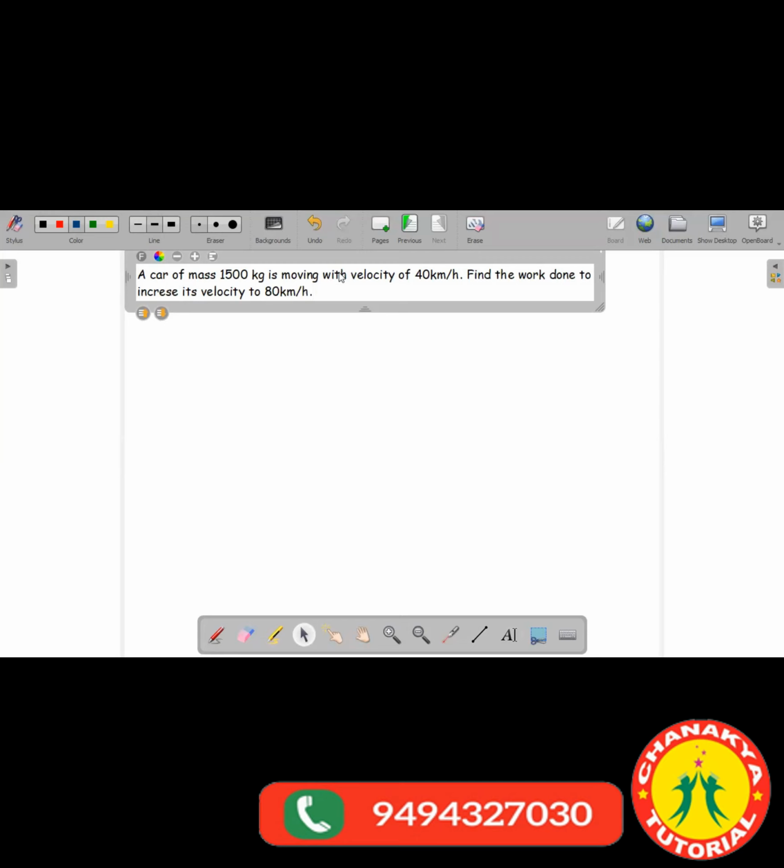Yes, sir. Yeah. So do it. Do this question. A car of mass 1,500 kilograms is moving with a velocity of 40 kilometer per hour.